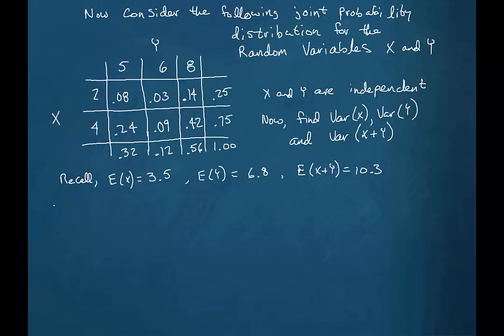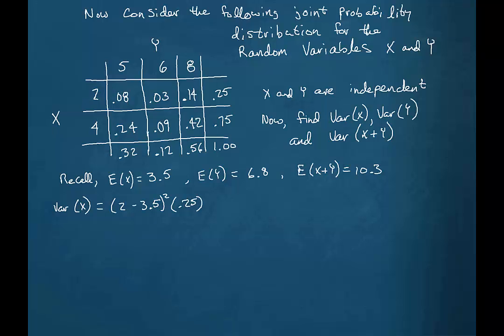In order to find the variance for x, we will find the difference between each value and the mean. We'll square that and then multiply it by its probability.